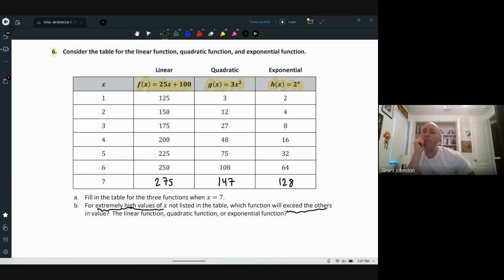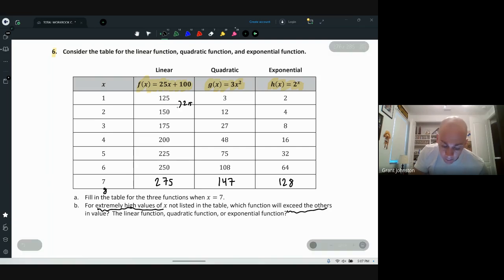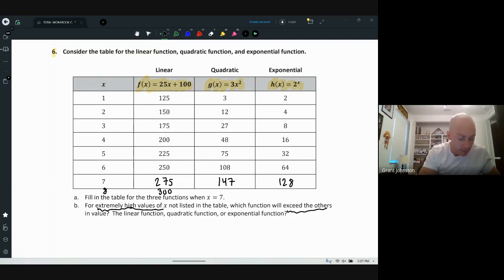So maybe to best understand this, why don't I go to 8? If I go up another, this is really just going up by 25s, right? So this would be 300. Let's see how the quadratic one does. 8 squared times 3 is 192.